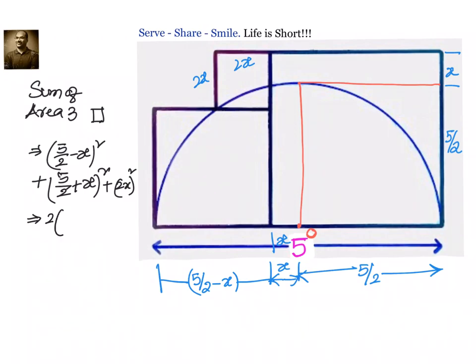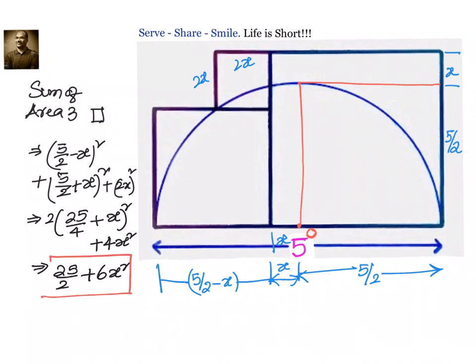So I can write 2 into (25 by 4 plus x square) plus (2x) whole square, that is equal to 4x square. Simplifying, we get 25 by 2 plus 6x square. So if I am able to find the value of x, then I am pretty much done, because I will substitute the value of x and get my answer.